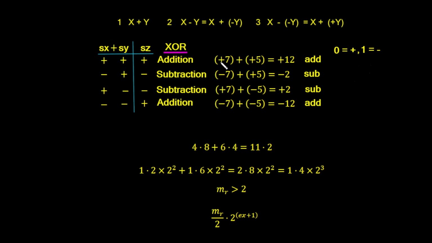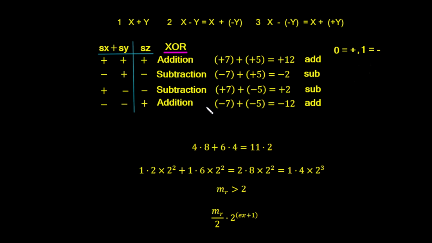So we can get the sign of the answer by ensuring that we always subtract the smallest absolute value from the largest absolute value, and then we can take the sign as being the sign of the largest absolute value. So that's relatively straightforward here for working out the sign.